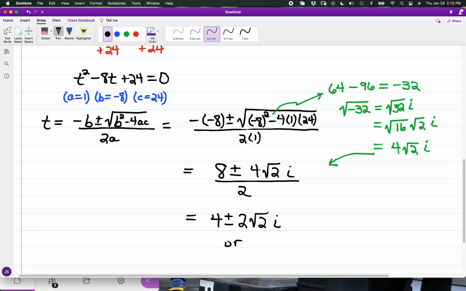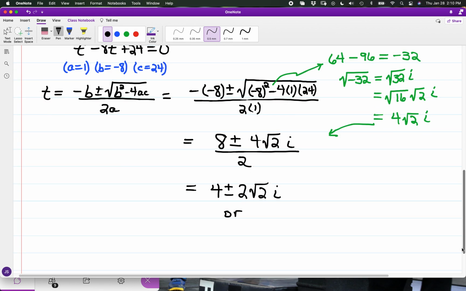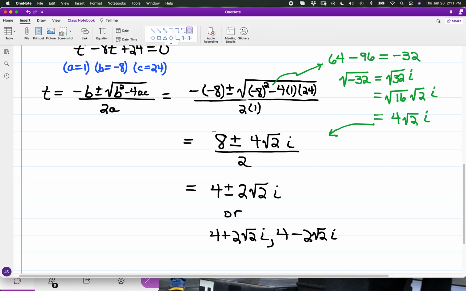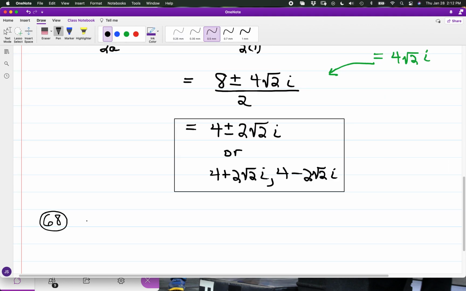And if you draw out separately, we're going to have 4 plus 2 times the square root of 2i, and also 4 minus 2 times the square root of 2 times i. I think it is, but I'm not 100% sure.